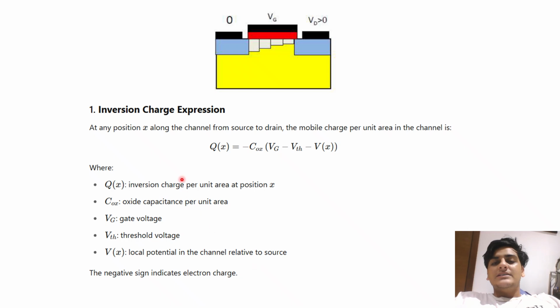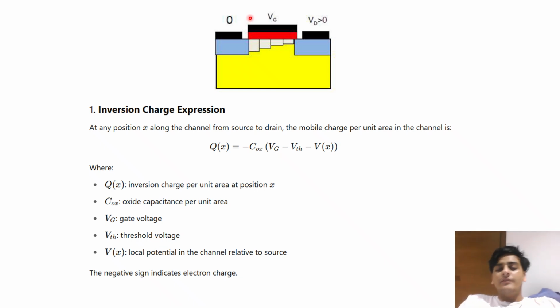The reason we need to include this is that we also have a voltage drop from left to right. We don't just have a voltage on the top, we also have a voltage from left to right. That voltage is 0 here and VD over here. So according to the position, that voltage is also going to play into our net expression and essentially subtract from this Vg minus Vth.